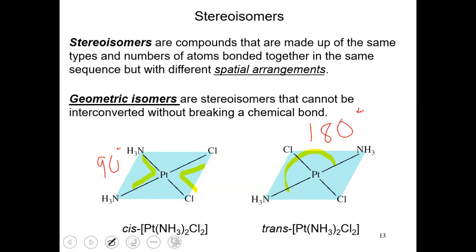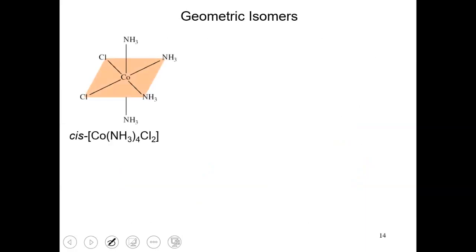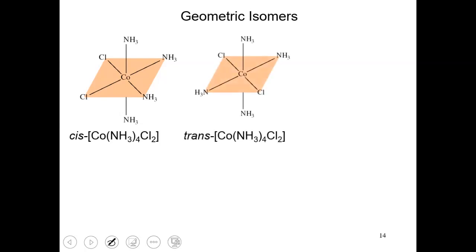All right. Now, this one's a little easy to see, but what about a compound that has a complex ion that has an octahedral geometry? So we're going to look at this one here on the left, and then look at its isomer here on the right. Notice that if you focus simply on those ligands that are on the plane, and again, there are different ways of showing or sketching the structures of these things to try to simulate three-dimensional space.